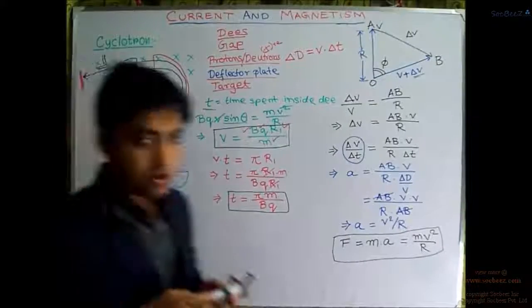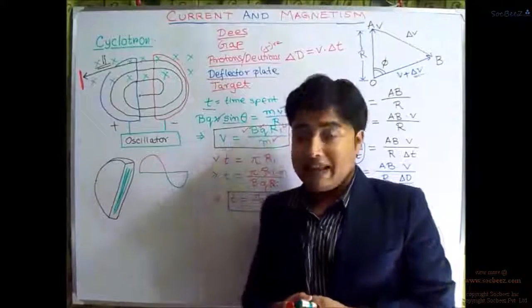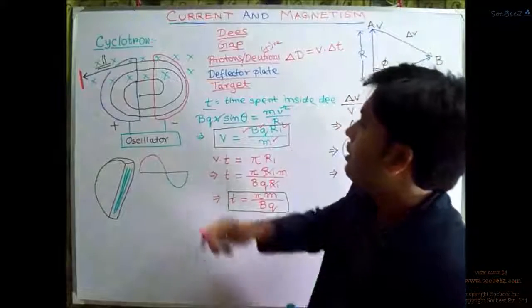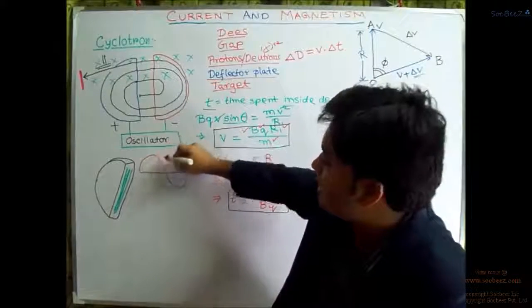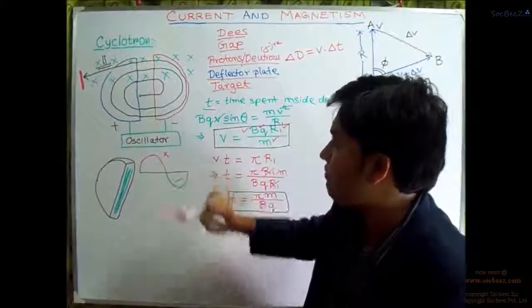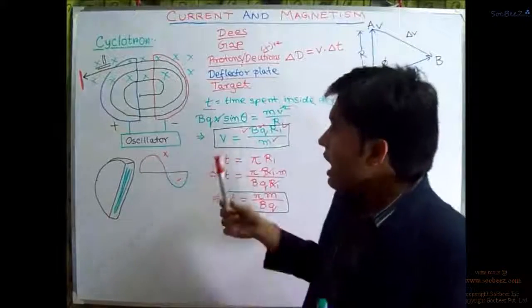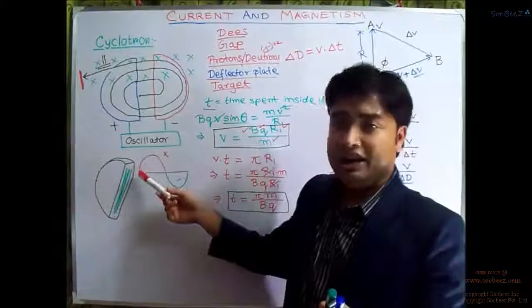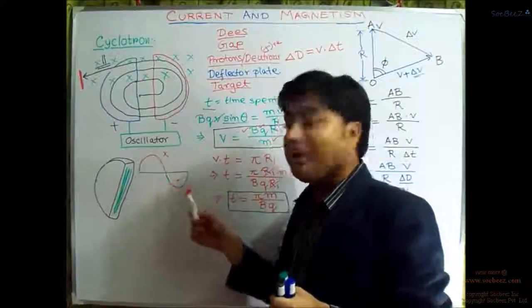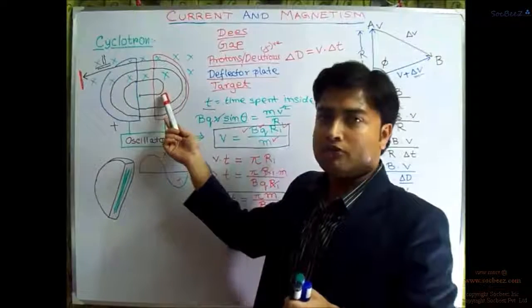See, this red part indicates the positive part and this green part is the negative part. Now what will happen is that until the oscillator changes its direction or changes totally to be out of phase, this D will remain positive.